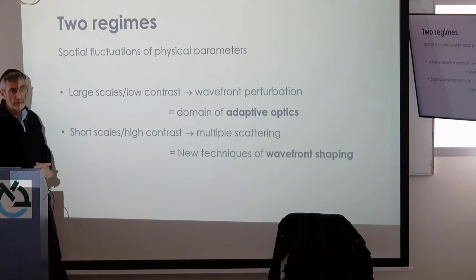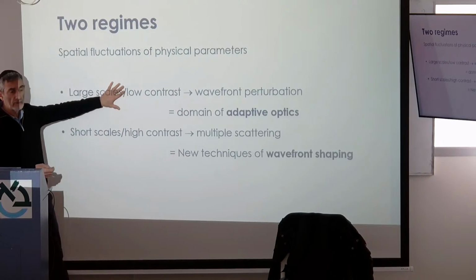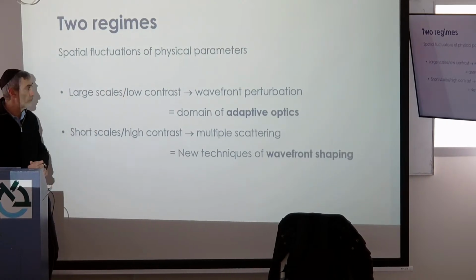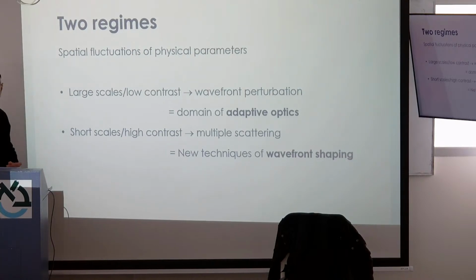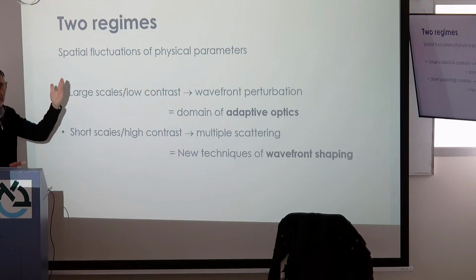And this is very relevant in astronomy when you want to do sky imaging. You need to compensate for the atmospheric perturbation. You can either send your telescope into space, but this is very expensive.